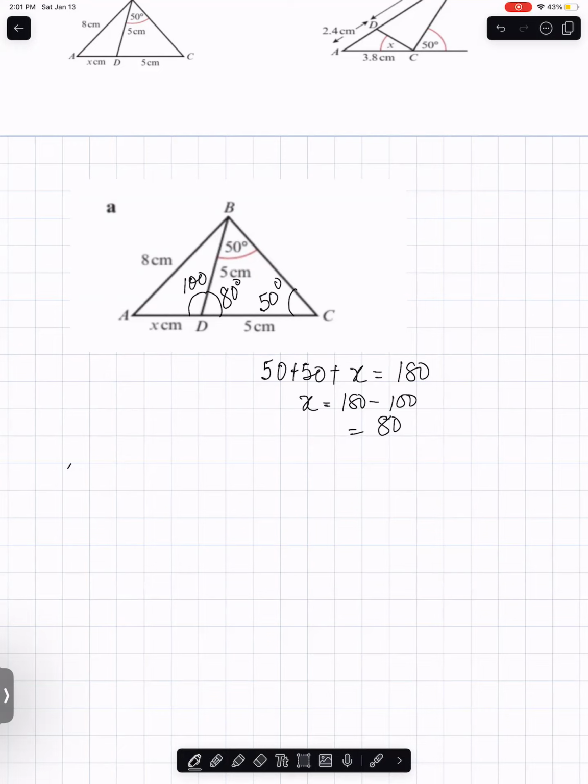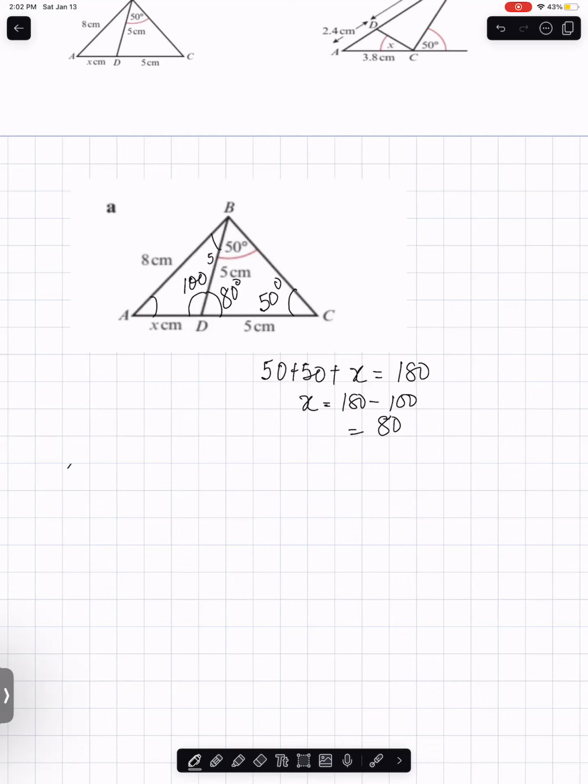Here we already have 5 cm, and here we have 8 cm and 100 degrees. So what comes to mind here? This is 5. We have to look for one of the given angles here. Which of them? This angle is yet unknown, and also this angle is unknown. So we can proceed to find any of the given angles here.